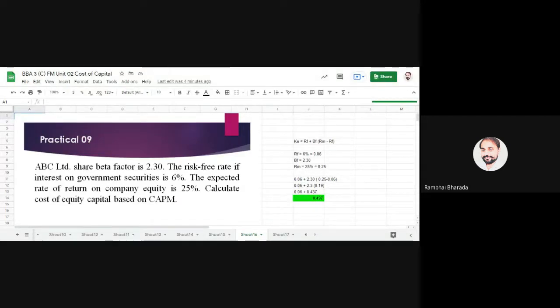Now write down the next title. The next title is cost of preference capital.